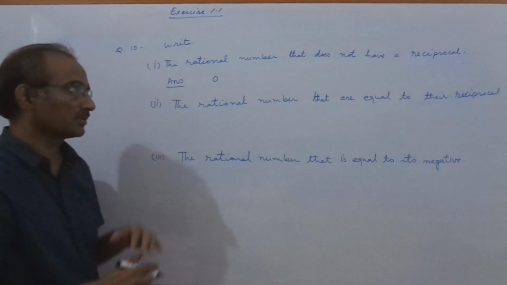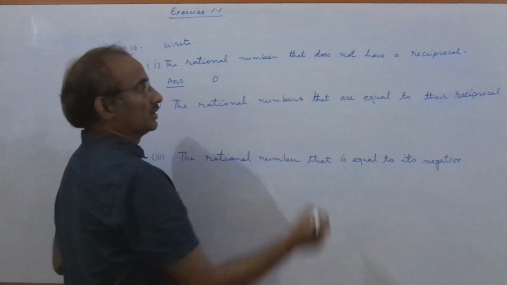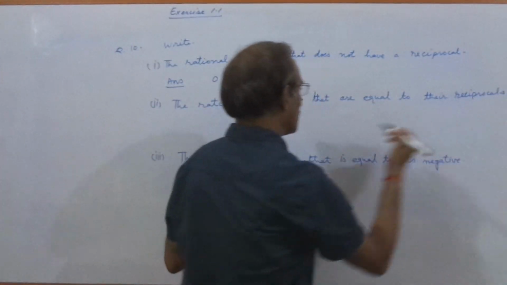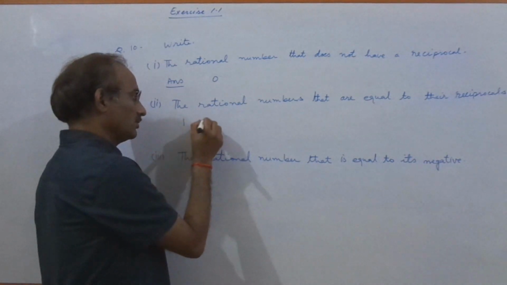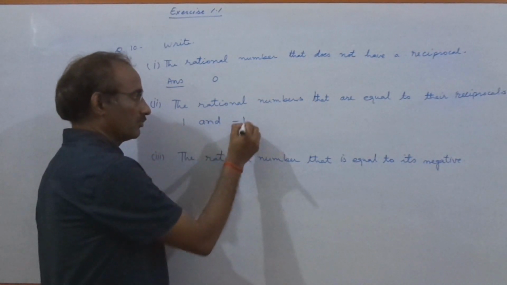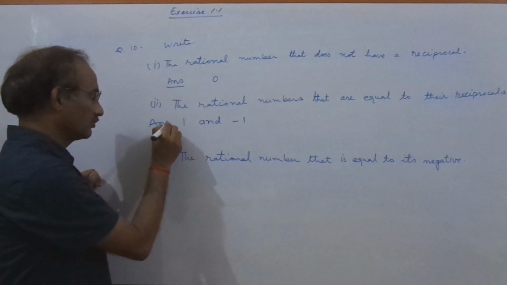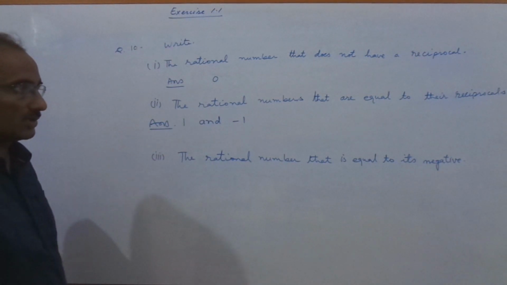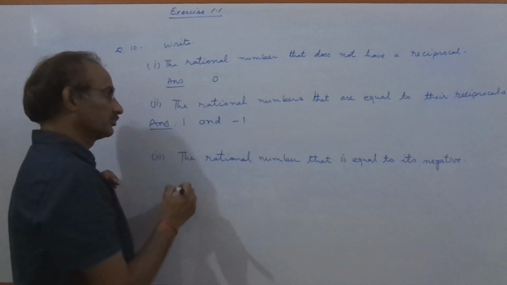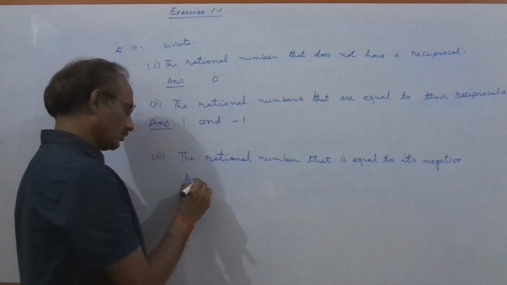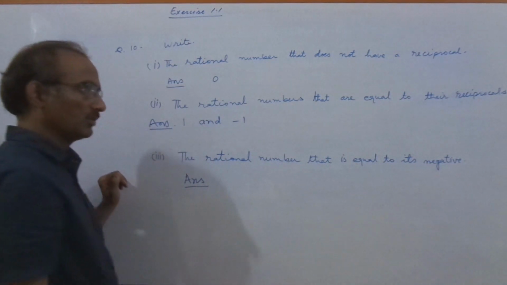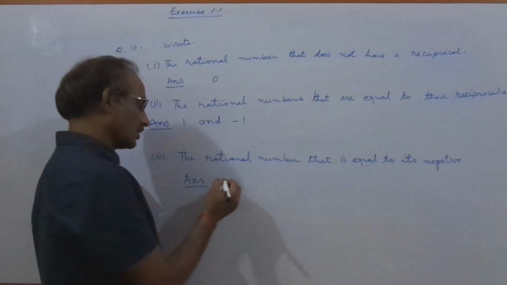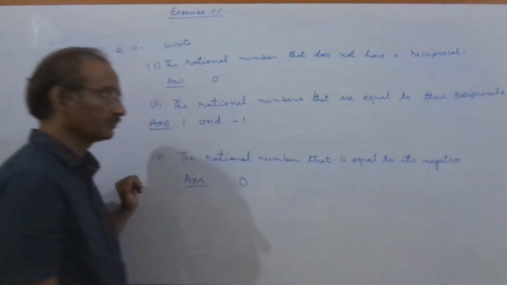So rational numbers that are equal to their reciprocals, the answer is 1 and minus 1. The rational number that is equal to its negative, negative of 0 is equal to 0, so answer is 0.